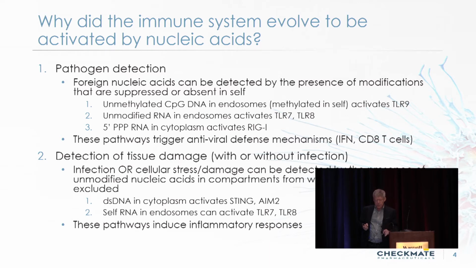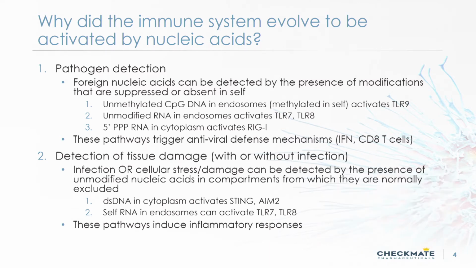Now, a second important mechanism for these, and it may have actually evolved first, is stress detection in cells. When cells are stressed or when tissue is damaged, nucleic acids escape from their normal compartments. Double-stranded DNA comes out of the nucleus into the cytoplasm. RNA can get into compartments from which it's normally excluded.